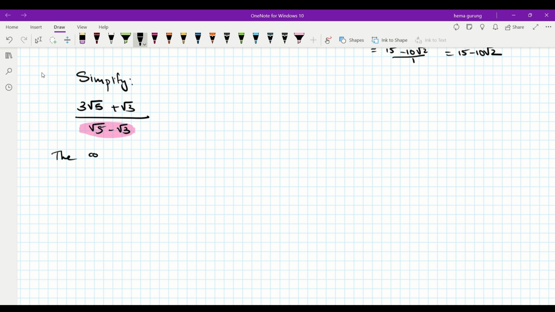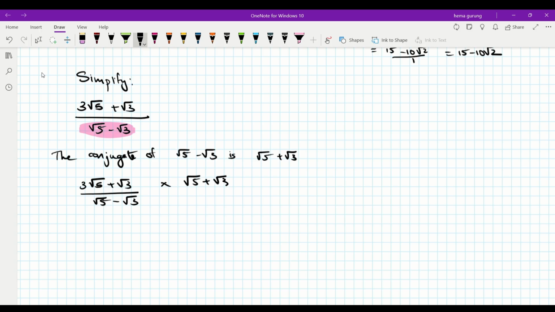What's the conjugate? The conjugate of root 5 minus root 3 is root 5 plus root 3. Now let's do it.